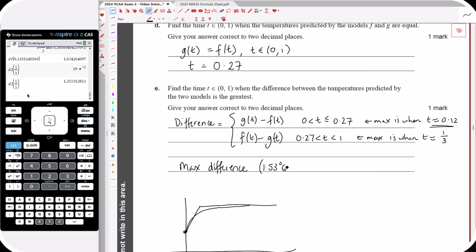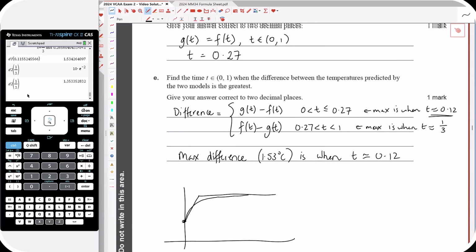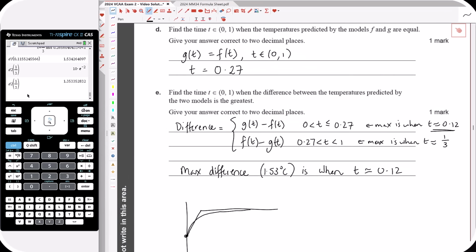It doesn't actually ask us for the max difference, it's when t is approximately 0.12. Again, that's just a 1-mark question. So, you know, we're only looking for that answer. So I'm not worried about setting up big functions and derivatives equal to 0 and showing me substituting values back in, etc. But it does seem quite a lot of work for 1 mark there.